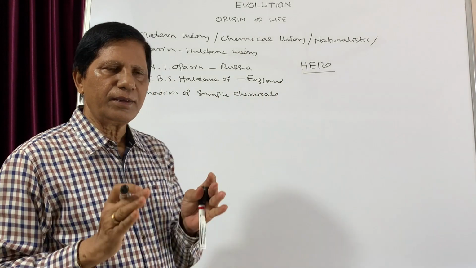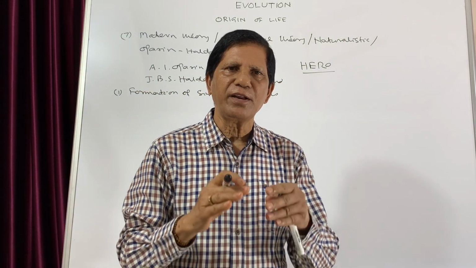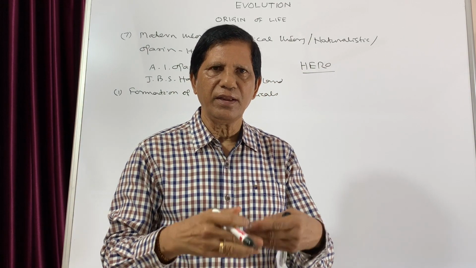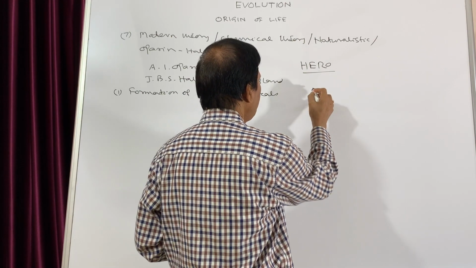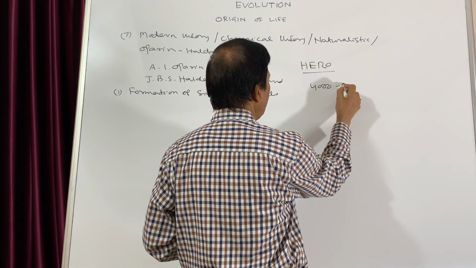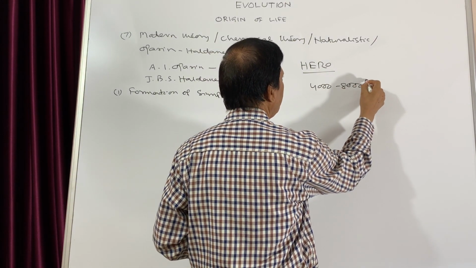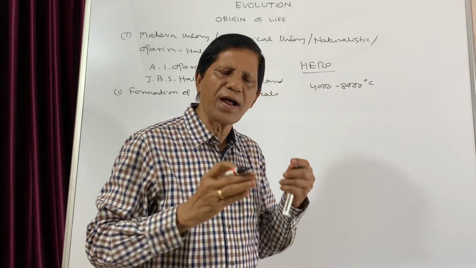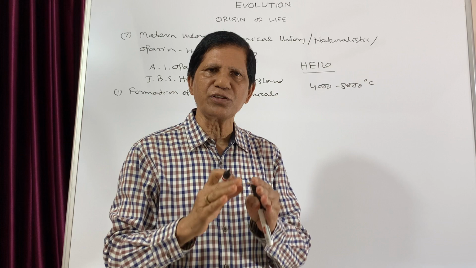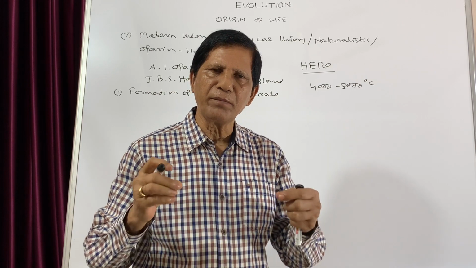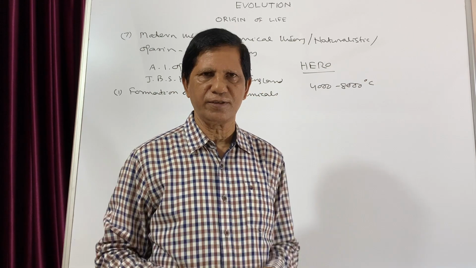Now, when 4.5 billion years back the Earth originated, the temperature was around 4,000 to 8,000 degrees centigrade. It was so high that usually the different elements present on the crust of the Earth could not combine or form any bonds.